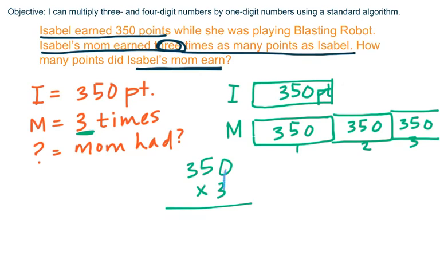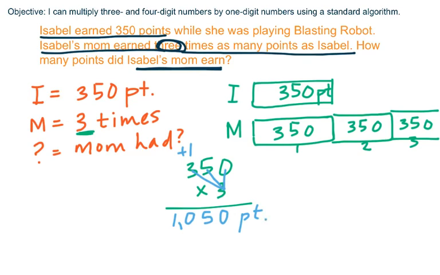We've got 3 times 0 is 0. 3 times 5 is 15. I'm going to carry that 1 because I'm bringing the bundle over. 3 times 3 is 9, plus 1 is 10. And I've got a comma in there. So I'm showing that Isabel's mom had 1,050 points.